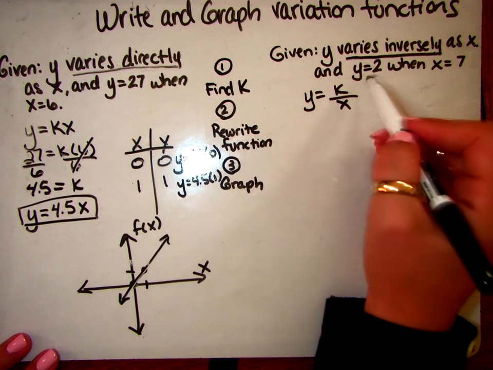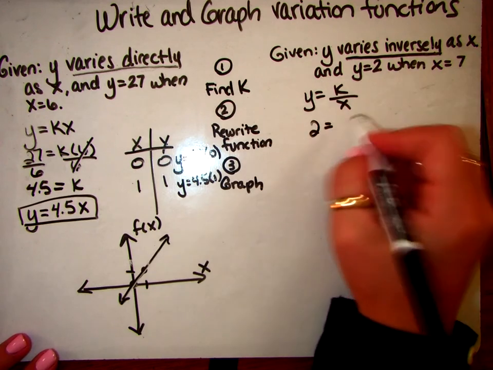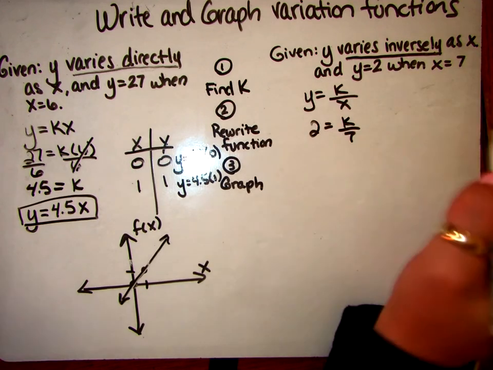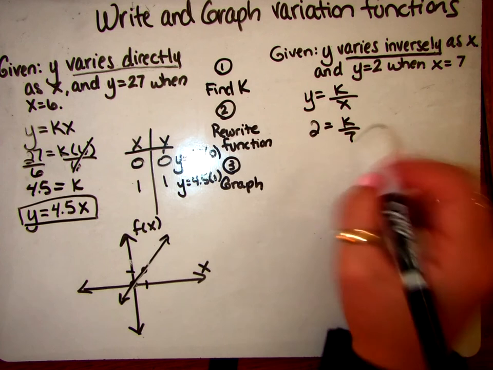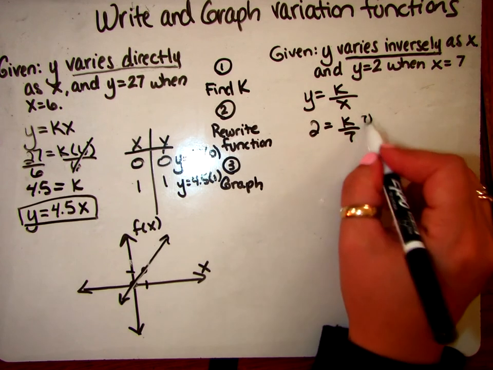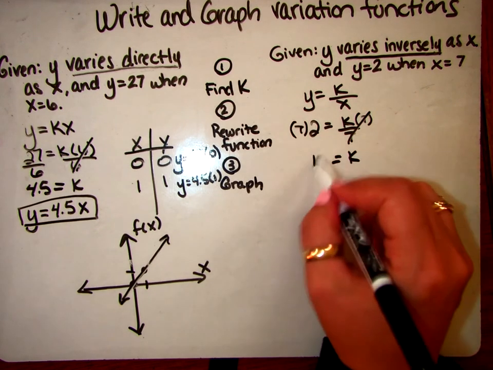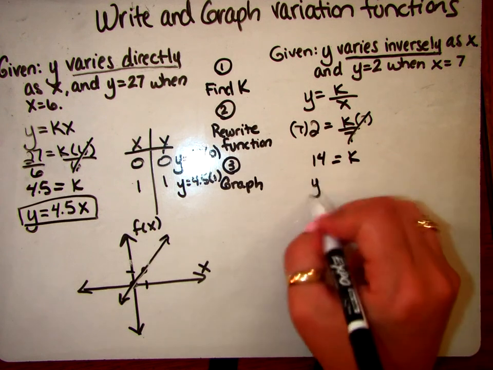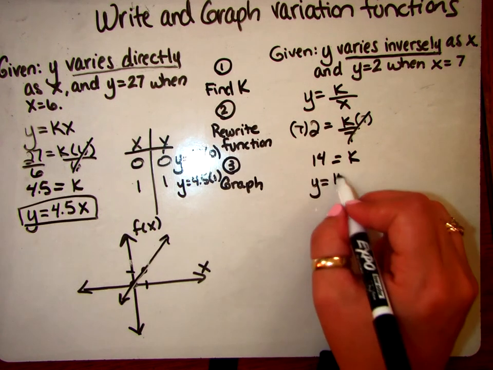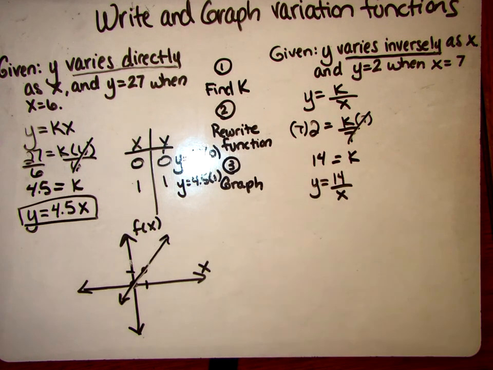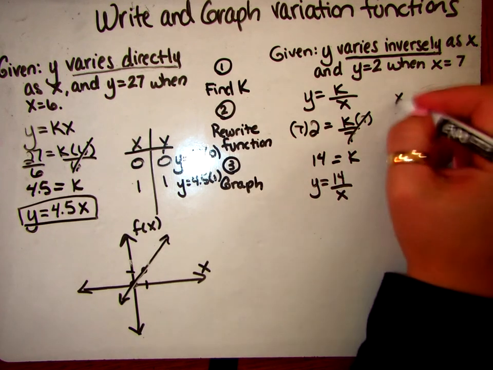And they tell me my y is 2 and my x is 7. Now if I'm solving for k, I have to multiply both sides by 7. Those cancel and I get 14. I'm going to rewrite my formula with k as the number that I found. And so now I can do my XY chart.